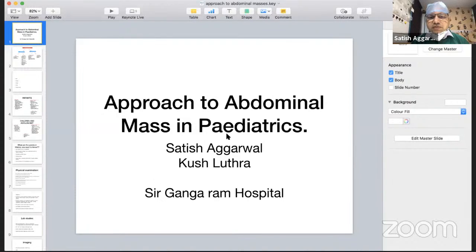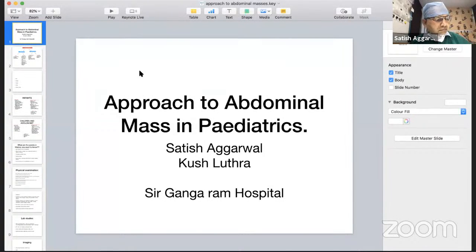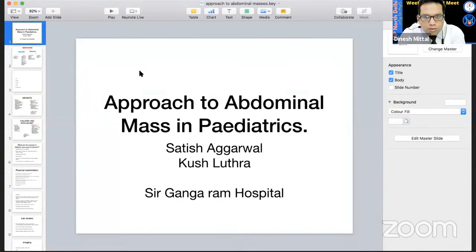You can go full screen, and you can use the annotation option if you want to mark something.